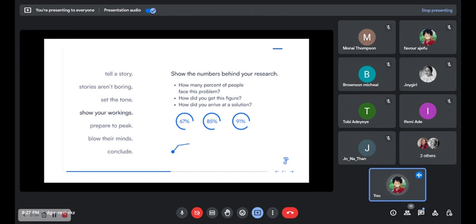What was the process? How did you do it? So this is where you show the numbers behind your research, because in this section you are trying to prove to the recruiters that you actually do know what you did and you are sure that it is very correct.